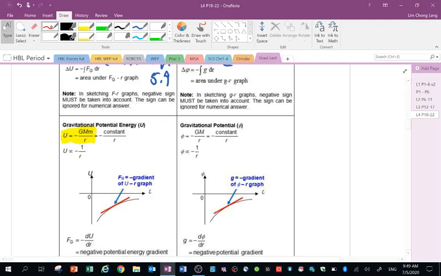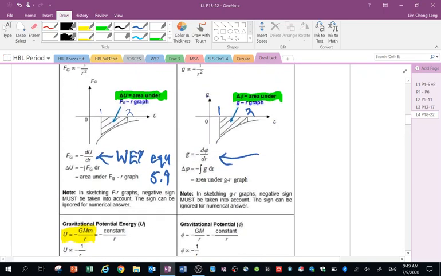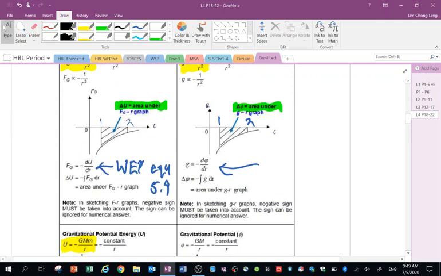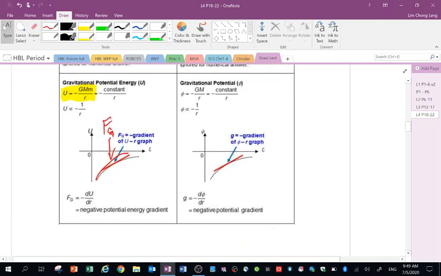So suppose I compare this with the graph of the gravitational force. You'll find that the graph for the gravitational force Fg is steeper, okay? The one that you see on top. This graph is steeper compared to the one of the potential, compared to the U graph.